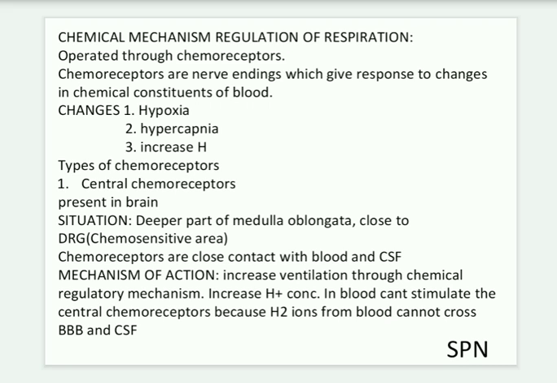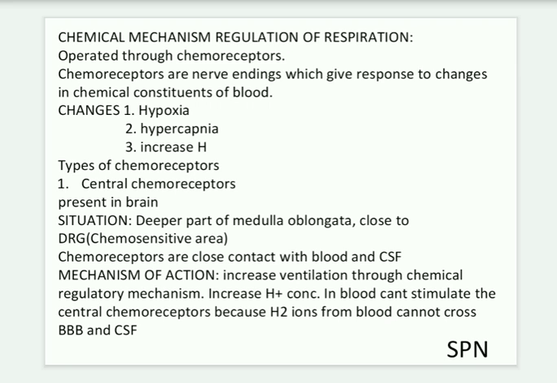Mechanism of action: to increase ventilation through the chemical regulatory mechanism, there will be an increase in H plus ion concentration in the blood. But this cannot stimulate the central chemoreceptors, because hydrogen ions from blood cannot cross the blood-brain barrier and CSF.